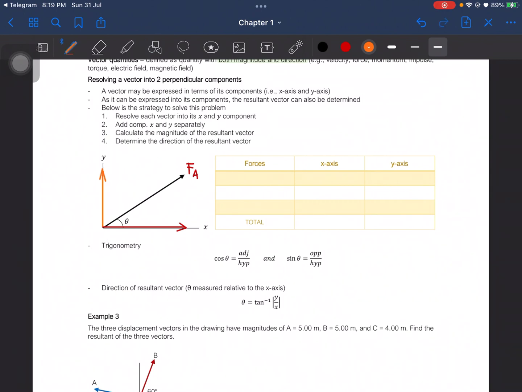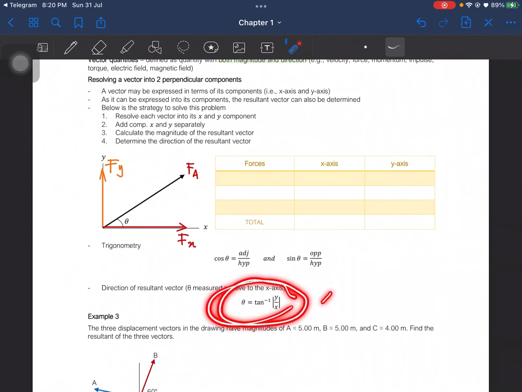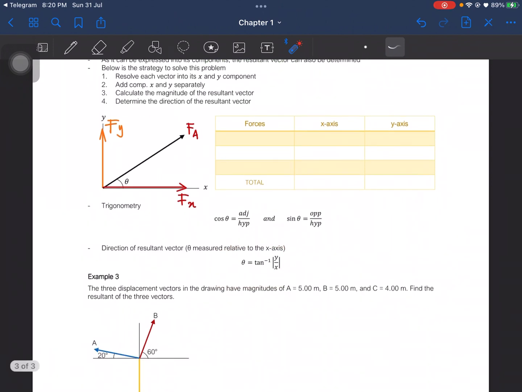We can resolve it into Fx and Fy. For this force A, we can calculate the x-axis component and y-axis component, then total them up to get the magnitude of the resultant vector, and we can determine the direction using this equation here. I'll explain how we use this in the example.